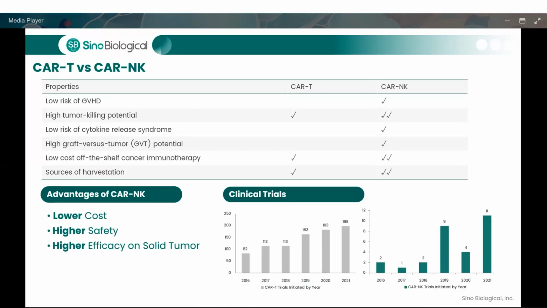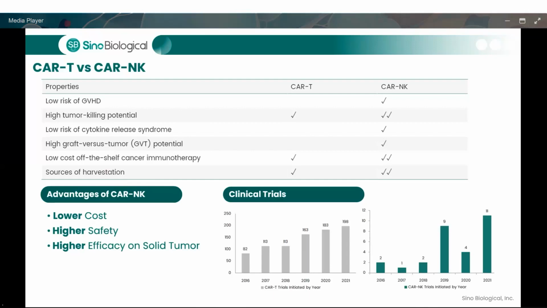The starting cell source for CAR-T cells is much less abundant in peripheral blood and requires more extensive processing to isolate and expand from the patient. But for CAR-NK therapy, the cells are already present in the peripheral blood and can be easily isolated and expanded.